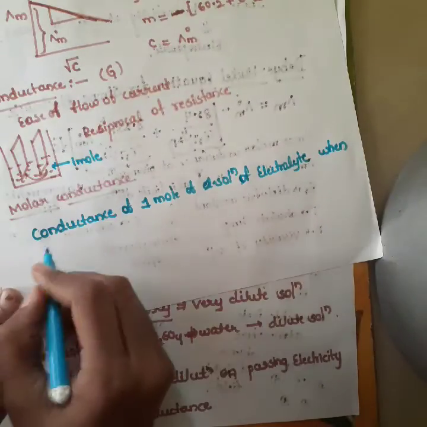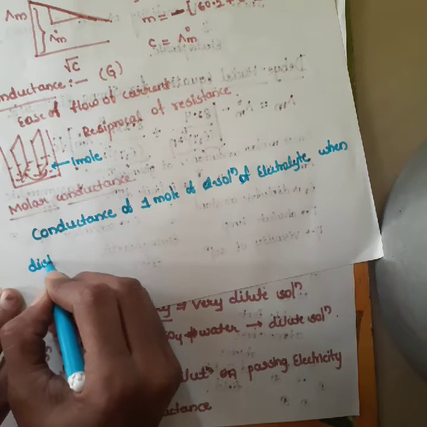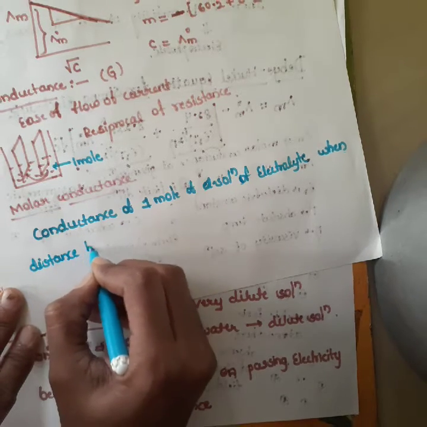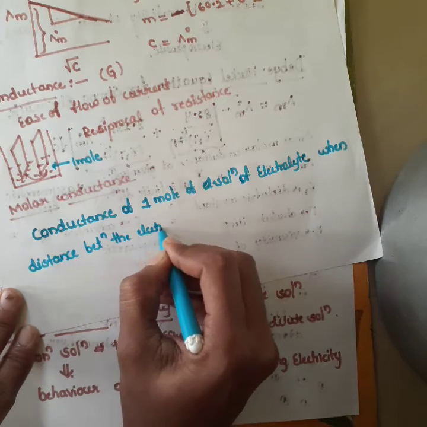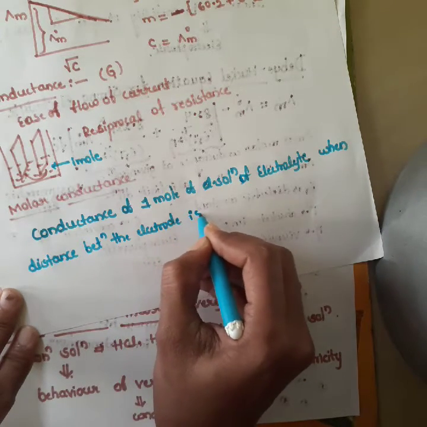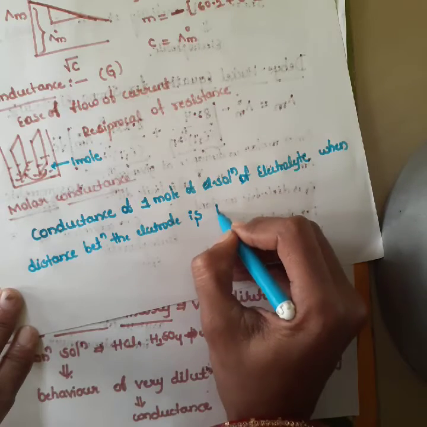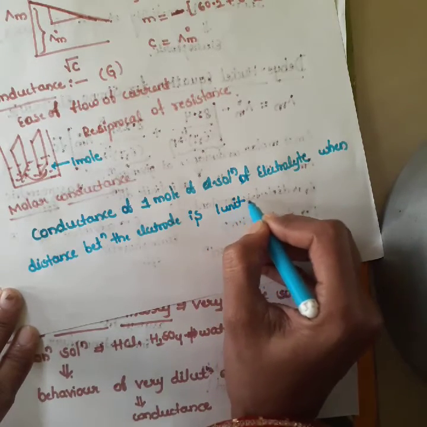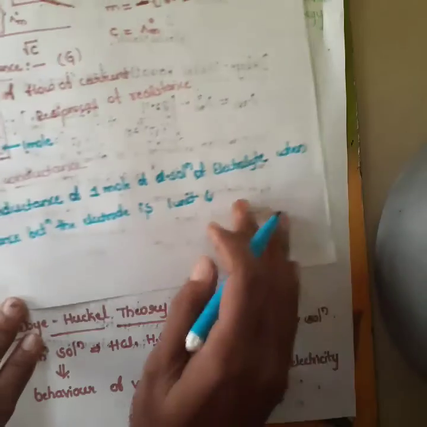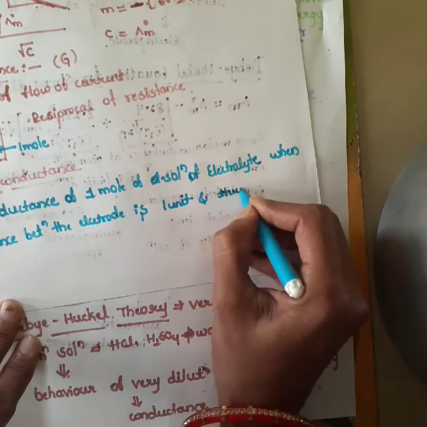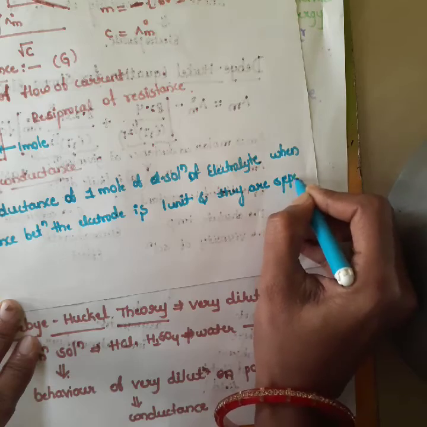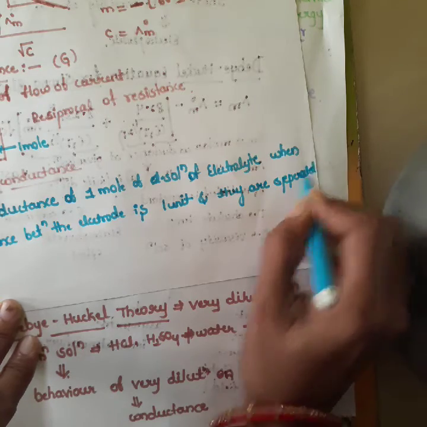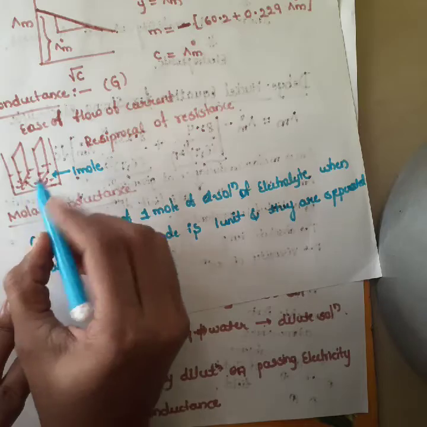when the distance between the electrodes is 1 unit. Means these electrodes are there, no?